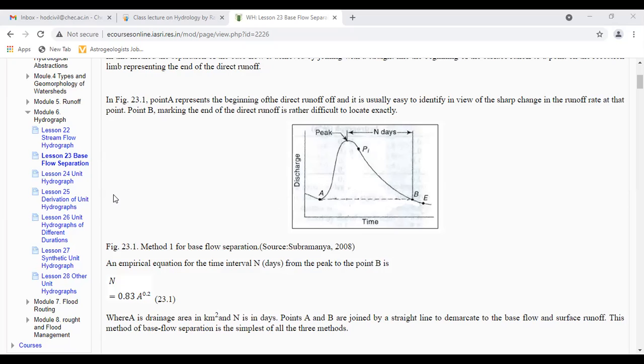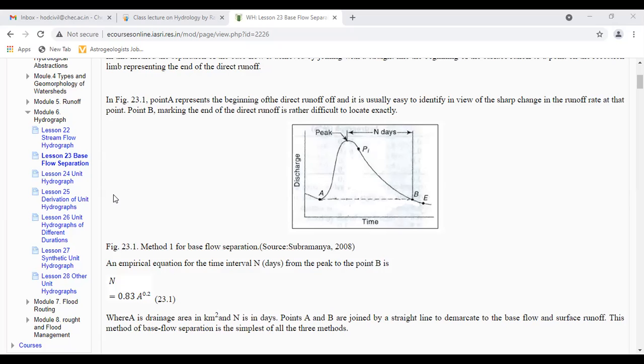In such a situation, a point on the recession limb of the hydrograph to mark the end of direct runoff may be fixed N days after the peak of the hydrograph, where N is calculated from the empirical equation N equals 0.827 A to the power of 0.2, in which A is the area of the drainage basin in square kilometers.